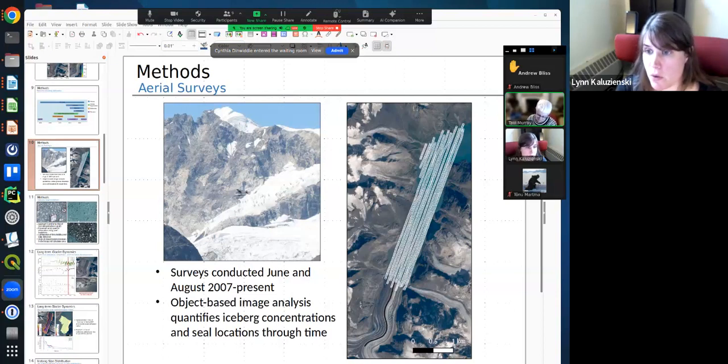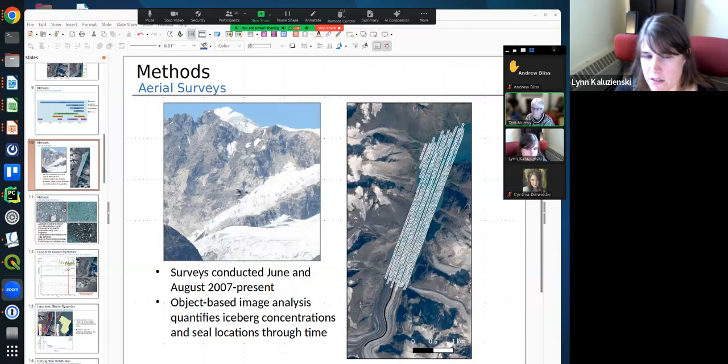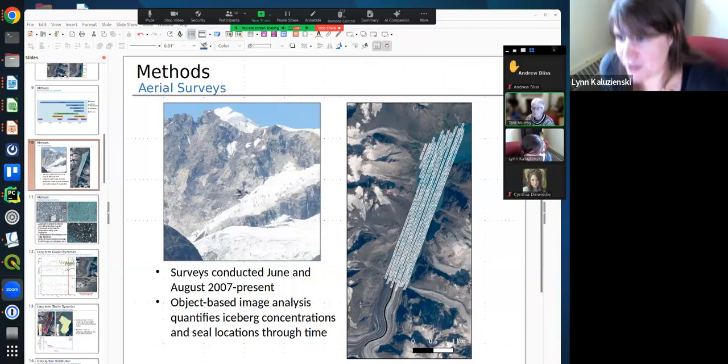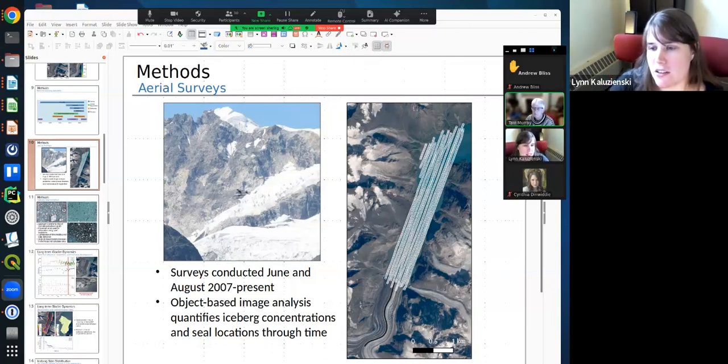They travel quite far, and they do come back to the fjord. I believe that they'll come in and out of the fjord daily as well. I'm not sure exactly where they're going at night, but I do know that they sort of migrate in and out of the fjord over time.